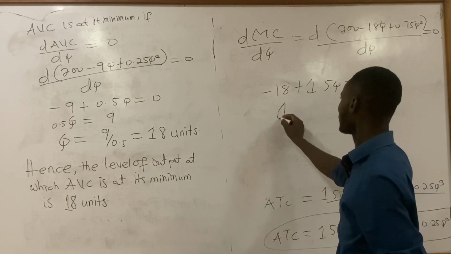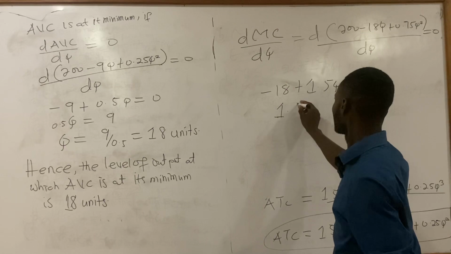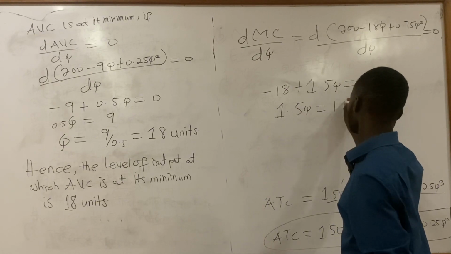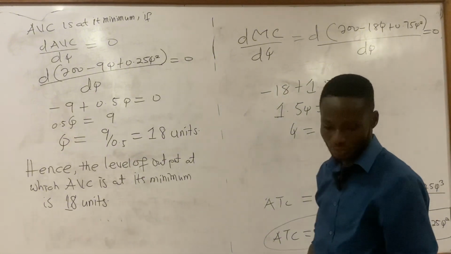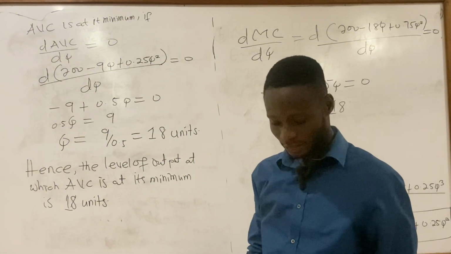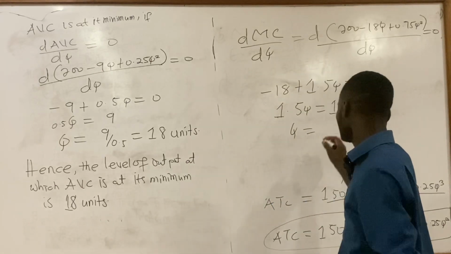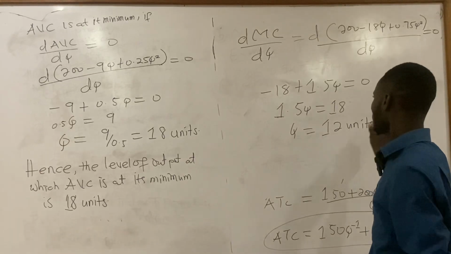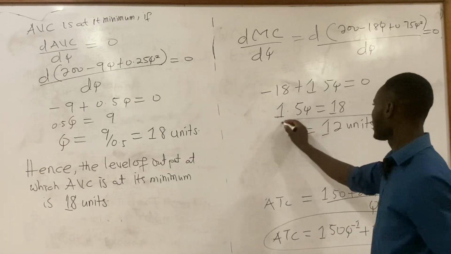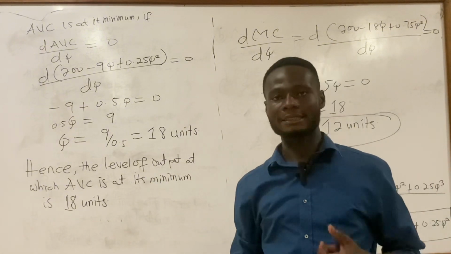So we say 1.5q is equal to 18. So our q is equal to 18 divided by 1.5. You say 12 units. All right. So this is the level of output at which the marginal cost function is at its minimum.